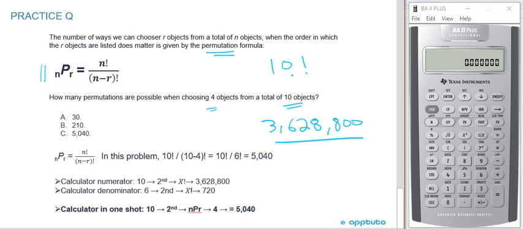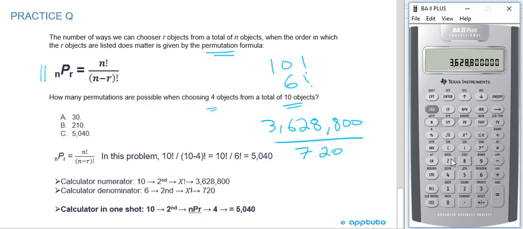So that's going to be 6 factorial for my denominator. Let's just do that on the calculator. 6, second, above the multiplication key, and I'm going to have 720 as my denominator.